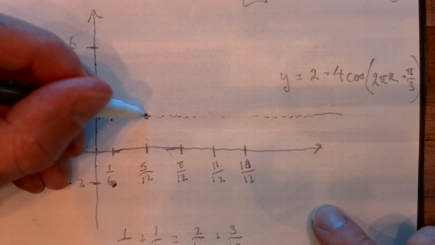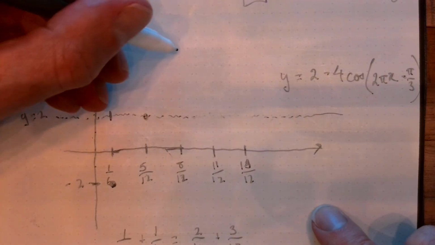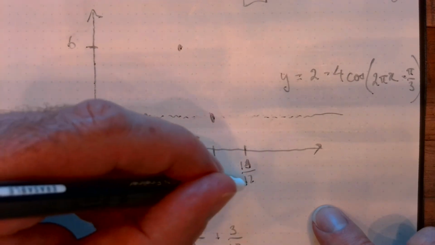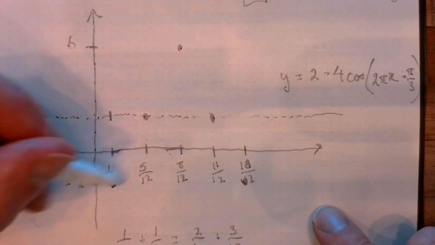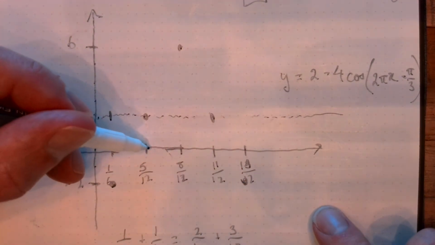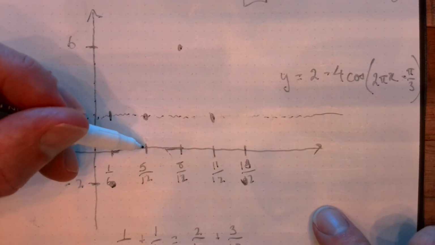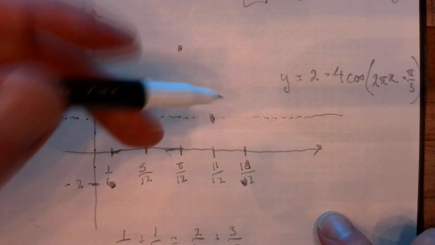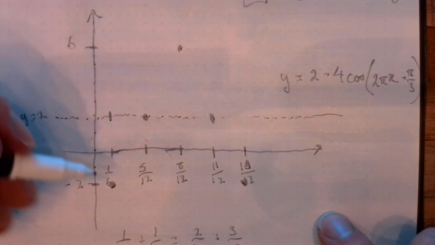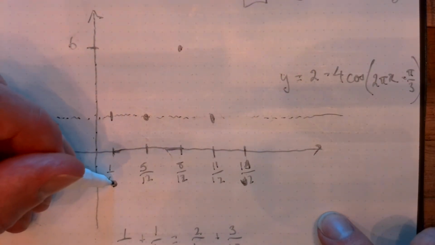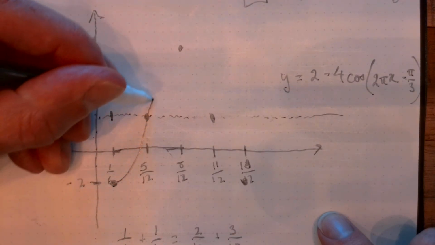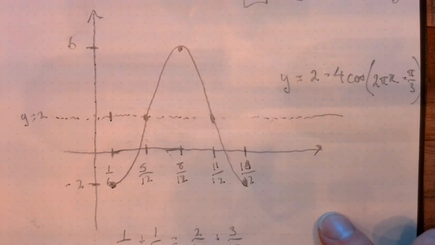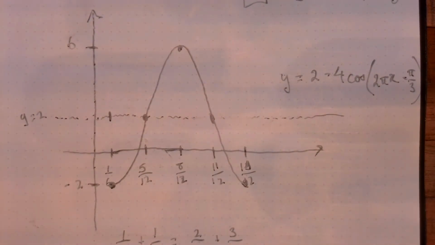We go to the midline, and we go up top, back to the midline, and then to the bottom. Okay, don't be tempted to go here. I know a lot of times we go to the x-axis, but that's when the x-axis is our midline. In this example, our midline is 2 because of the vertical shift. Okay, so now we connect these points with our nice smooth curve, and that's our graph.